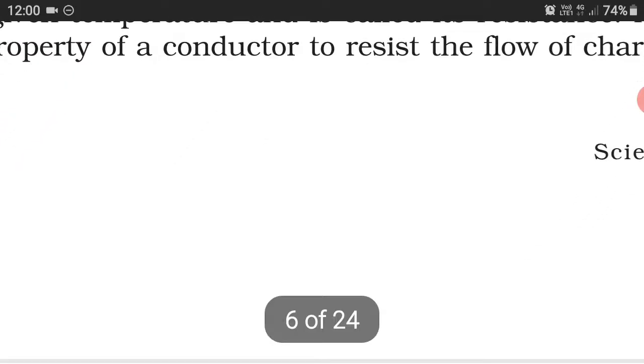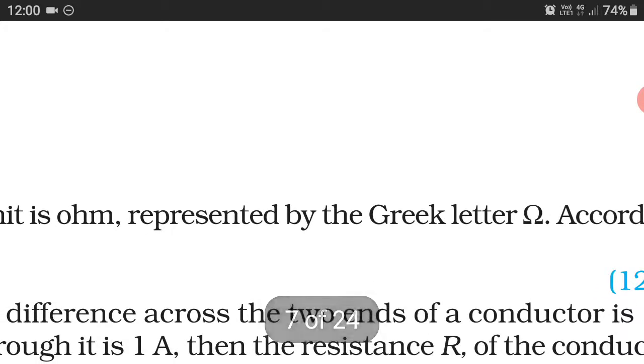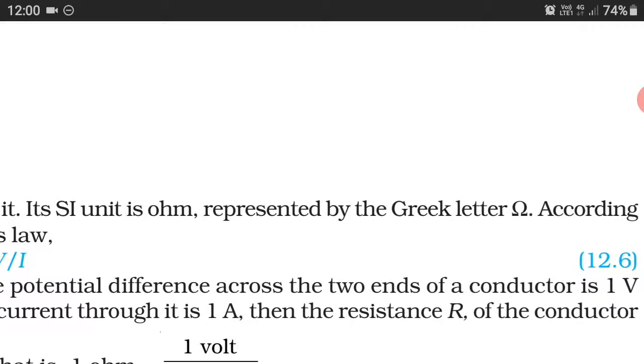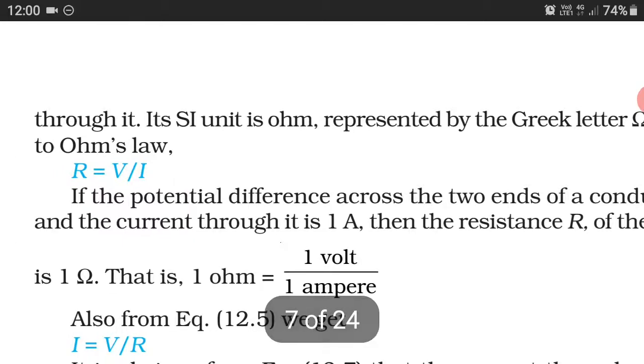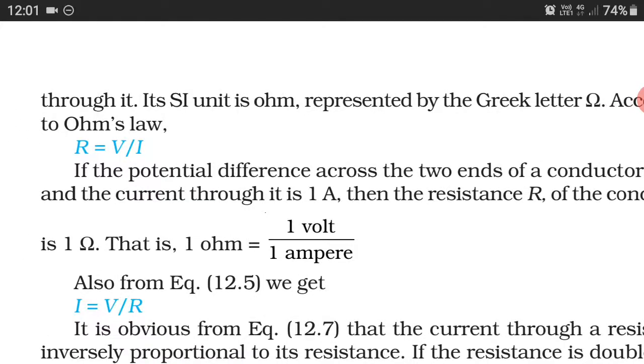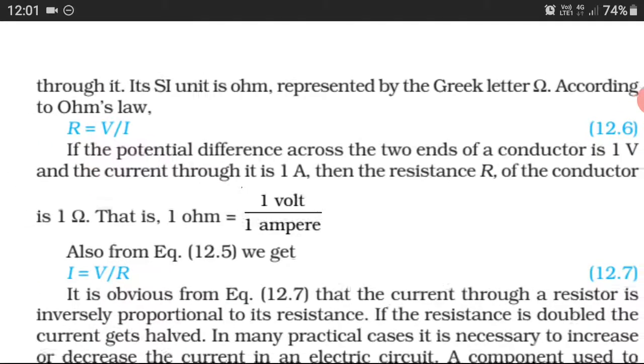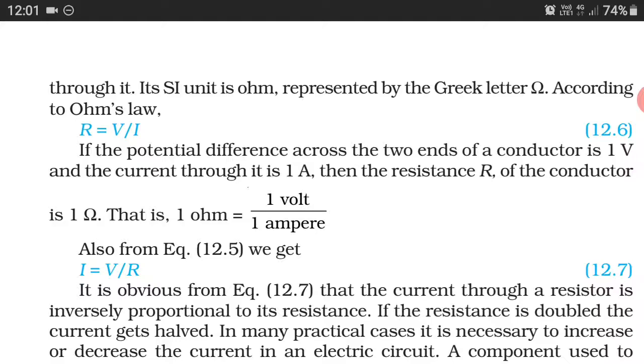So from this we conclude that every material, even a good conductor, offers some resistance. Nowadays it is understood that there is no perfect conductor, or we should say superconductor. A superconductor does not exist naturally; we make it artificially under different conditions.